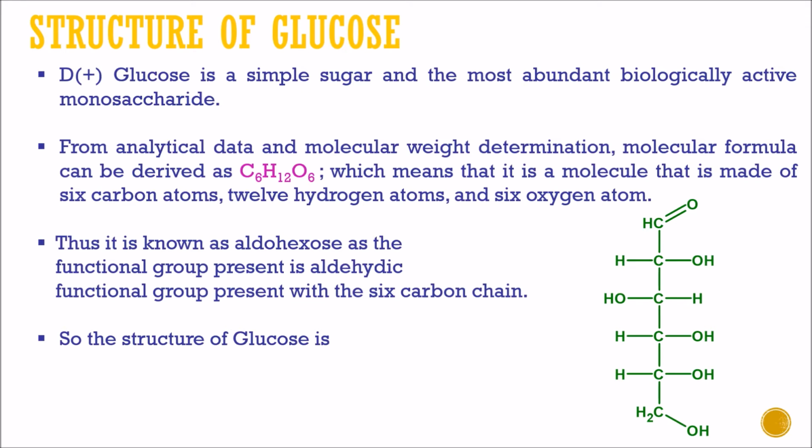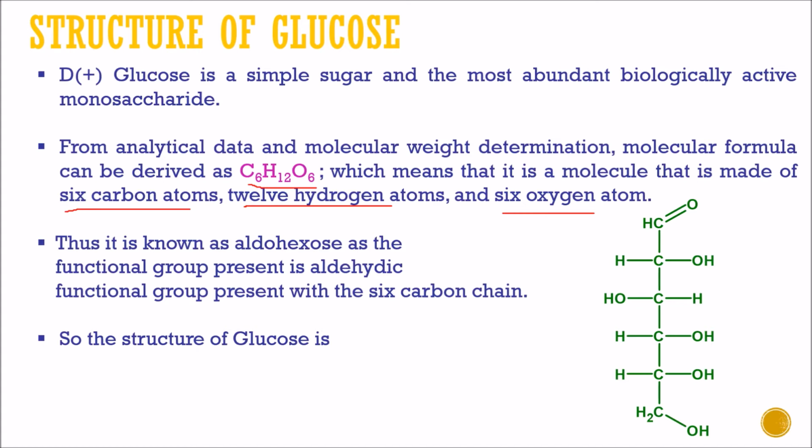Let us see the structure of glucose in detail. D plus glucose is a simple sugar and the most abundant biologically active monosaccharide. From analytical data and molecular weight determination, molecular formula can be derived as C6H12O6, which means that it is a molecule made of 6 carbon atoms, 12 hydrogen atoms and 6 oxygen atoms.